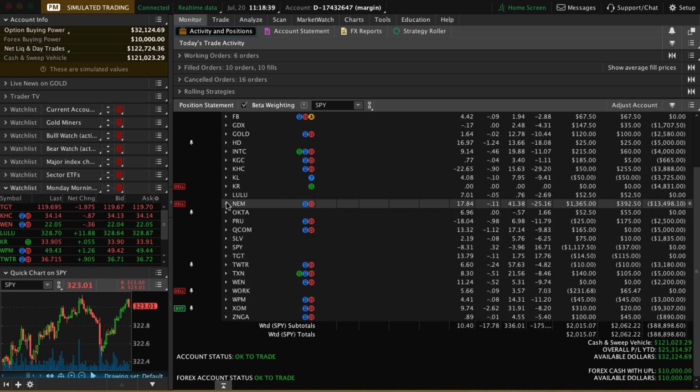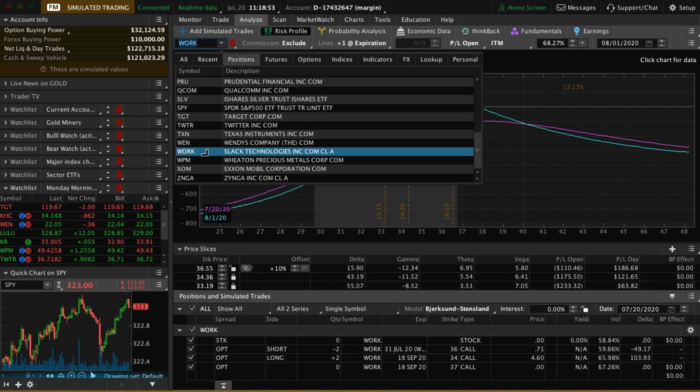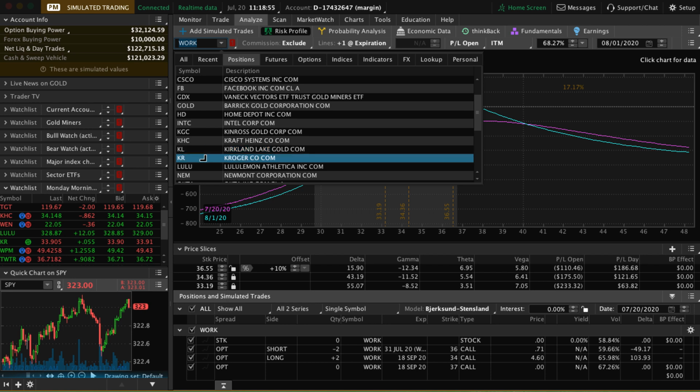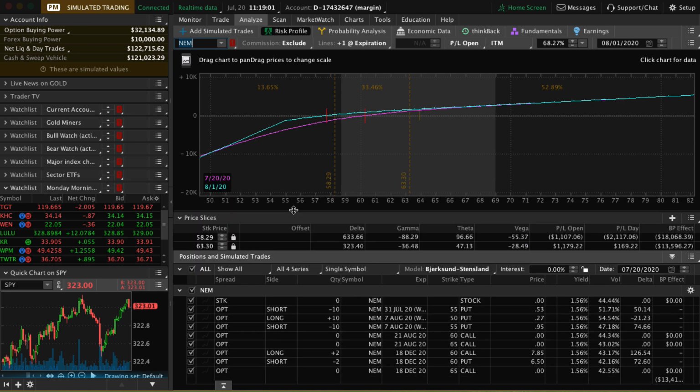If you remember from the previous lecture one week ago, we were talking about synthetic long. So I have a synthetic long on NEM. So it basically acts as if it was a stock. So if we go and analyze NEM, Newmont Mining, you see that I don't only have the synthetic long on this, I have also some other contracts.